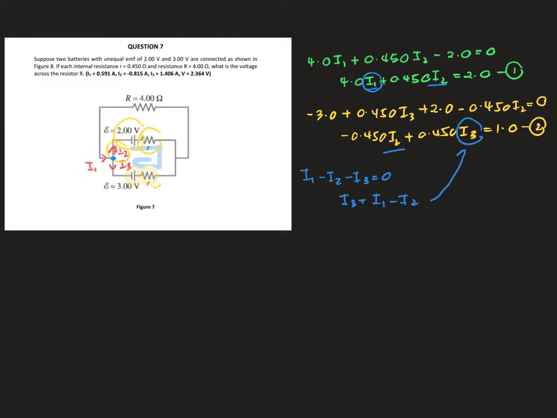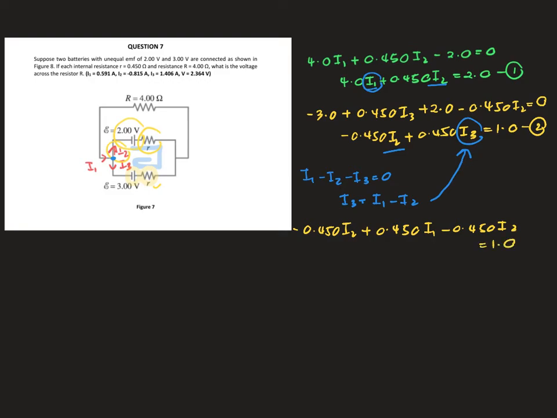So I'm going to insert that into this equation. Therefore I'm going to get negative 0.450 I2 plus 0.450 I1 minus 0.450 I2 equals 1.0.